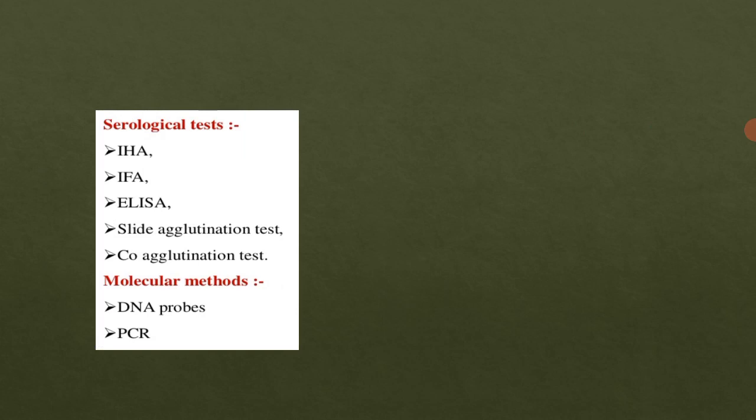Now the serological tests that we have studied earlier are hemagglutination antibodies, indirect fluorescent antibodies, ELISA, slide agglutination test, and co-agglutination test. These tests are used to determine the antibodies produced against this parasite.